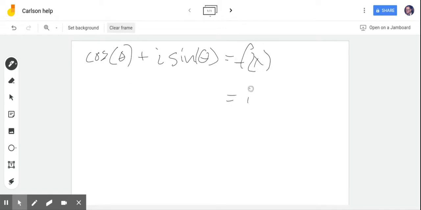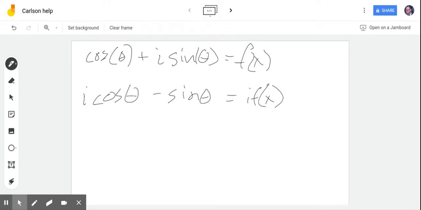Recognize if we multiply both sides by i, then I would end up with i cosine theta. And then since I would multiply i by i, that'd be i squared, so that's a negative 1. So it'd be minus sine theta. Cool?